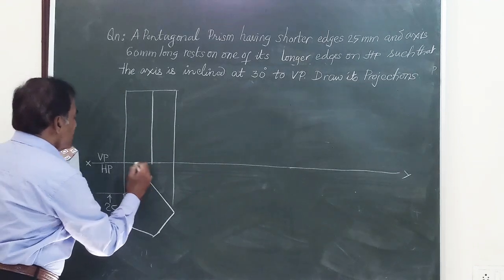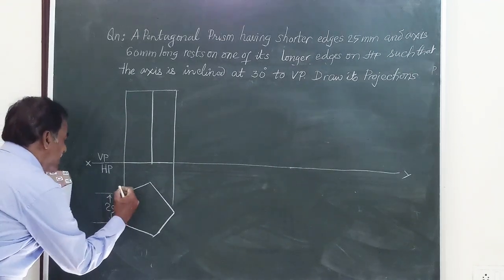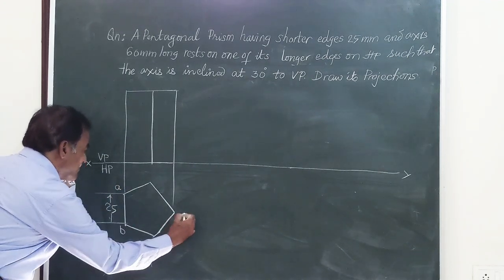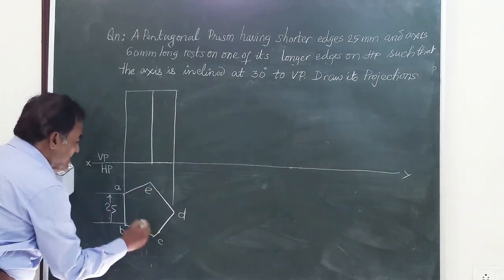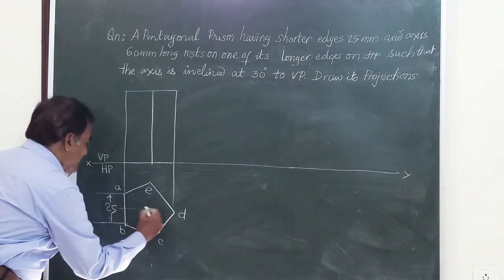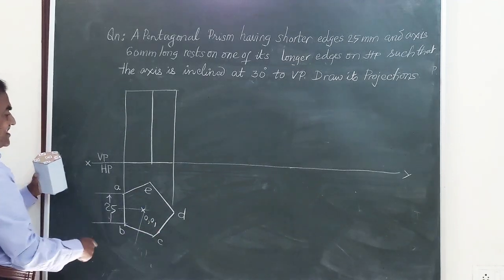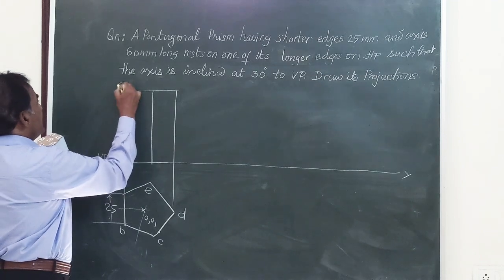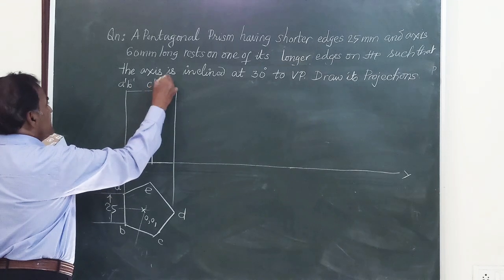Let me start naming the corners and the edges of the solid. I will start marking from here as A, B, C, D and E. I bisect the 2 adjacent sides here and obtain the axis O, O1. After marking A, B, C, D, E, let me move to the front view and mark here A dash, B dash, C dash, E dash.